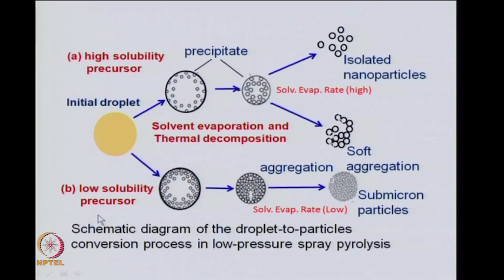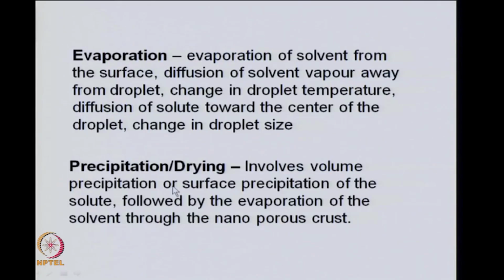On the other hand, if you choose a low solubility precursor, then the solvent evaporation will be very slow and you will get dense particles, and you will not get nanoparticles, you will get submicron particles, something like 200, 300 nanometers, or even larger, maybe 1 micron sized particles. So, this is the process how droplets can convert themselves to particles in a low pressure spray pyrolysis technique.